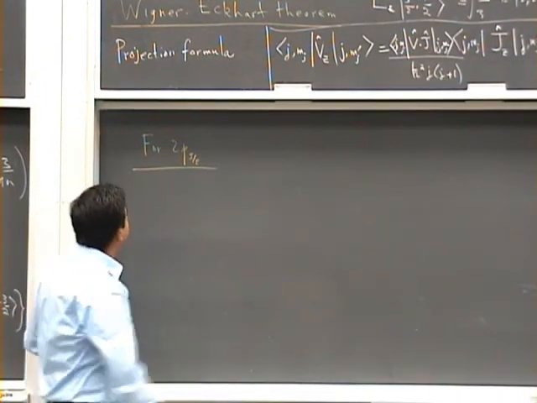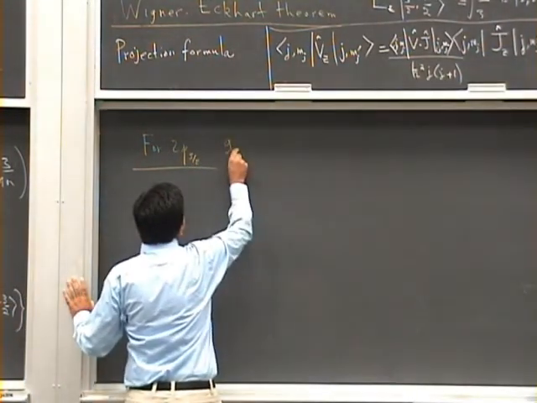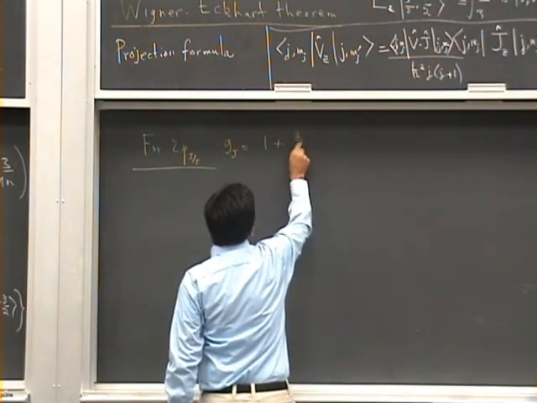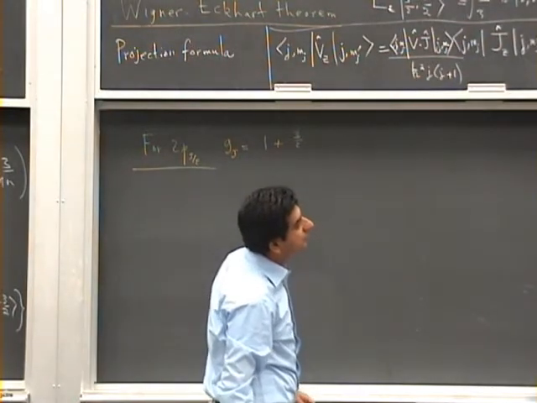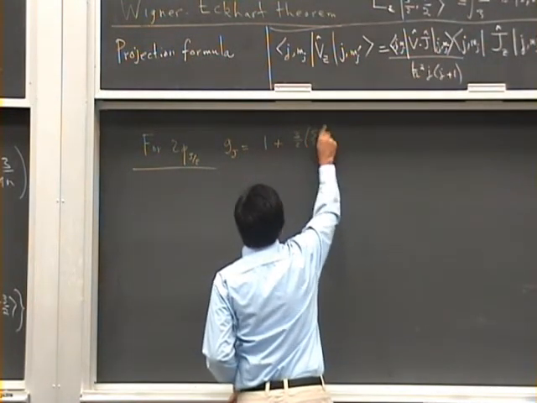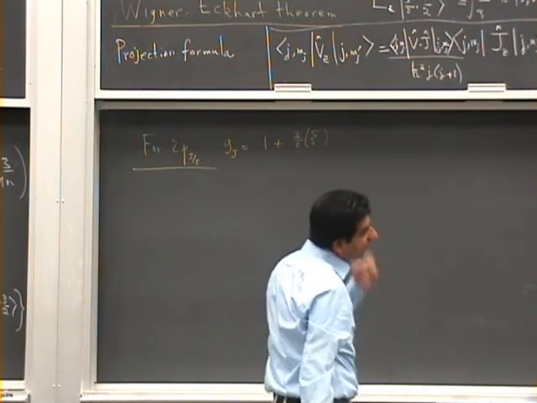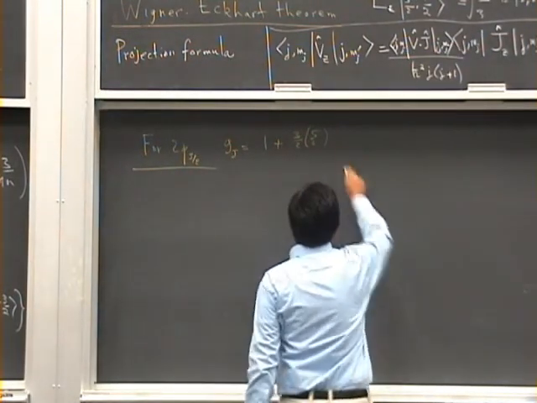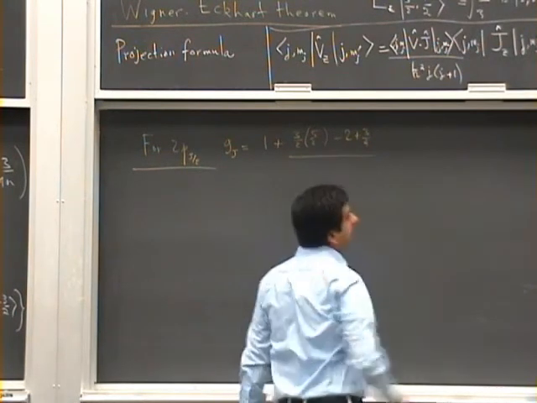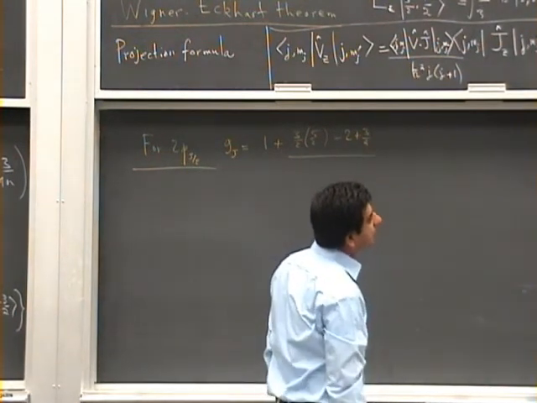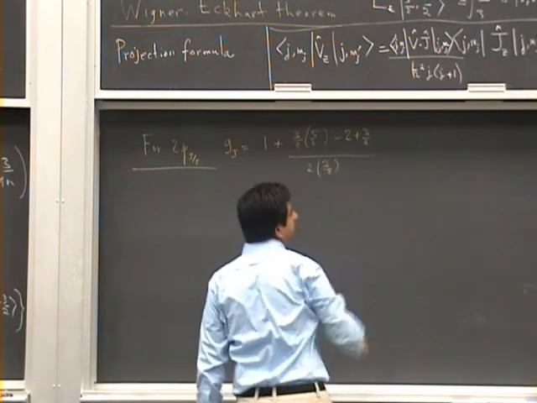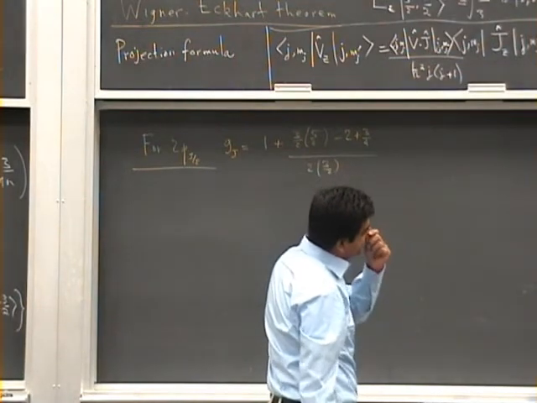For 2p 3/2, Gj is 1 plus 3/2 into 3/2 plus 1, which is 5/2. L is still 1, so minus 2 plus 3/4, divided by 2 times 3/2. J is 3/2, J plus 1 is 5/2.